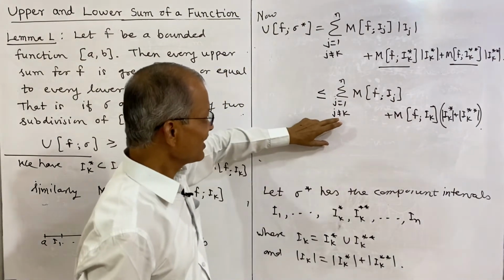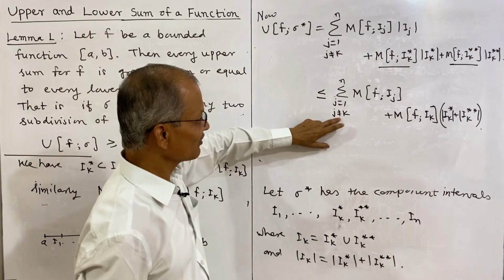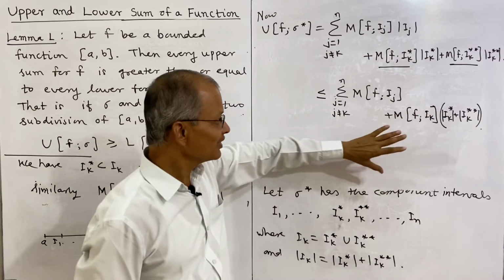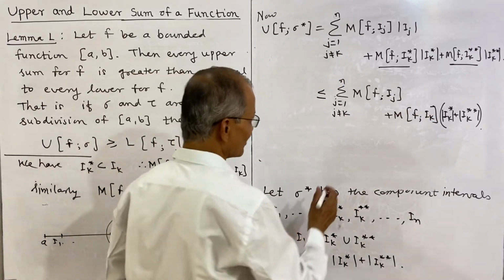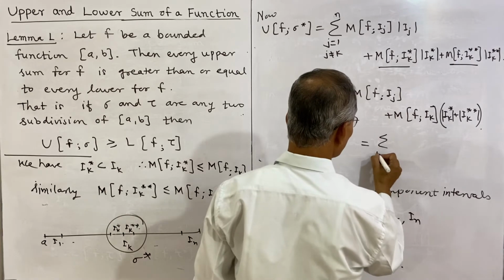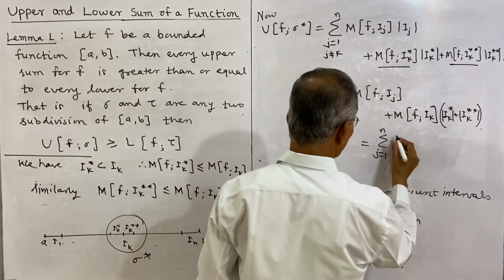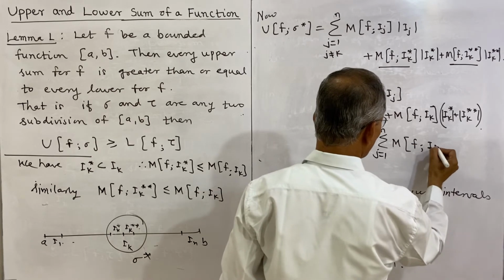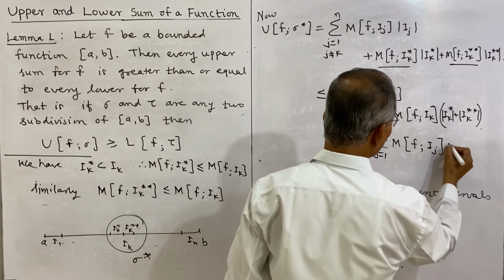Here we have not considered j equal to k, and we have written the term separately for it. That means this is exactly equal to summation j takes value 1 to n, maximum value of f on Ij into length of Ij.